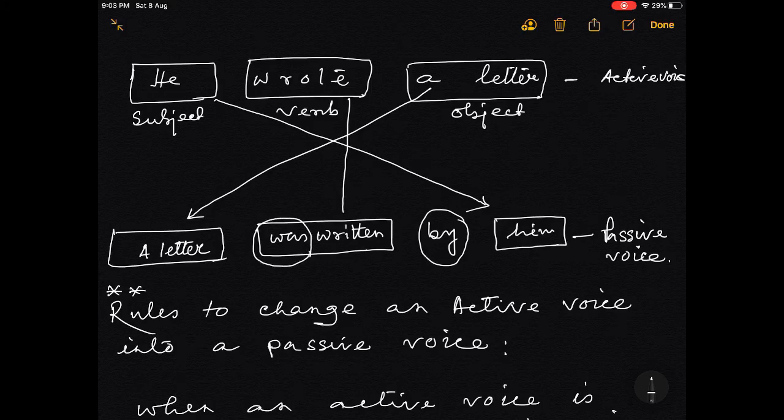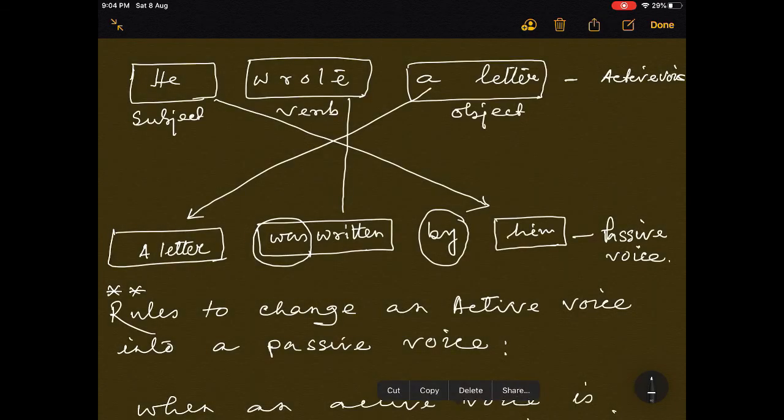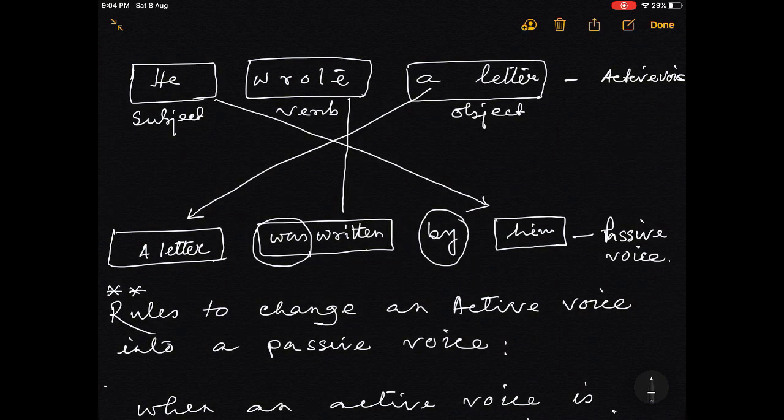So the subject goes to the place of the object in its appropriate form, and the object goes to the place of the subject, and one by will be used before the object place, and the verb will always be in the past participle form, and before that one auxiliary verb or group of auxiliary verbs will be used.